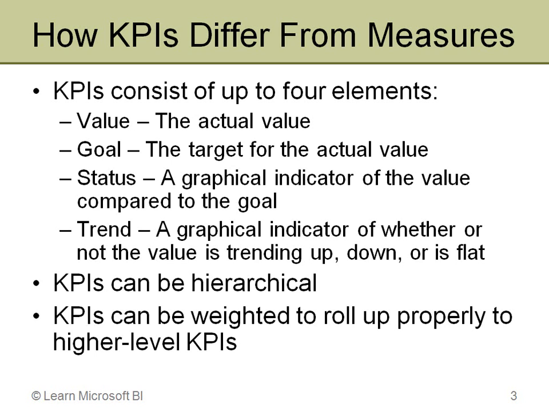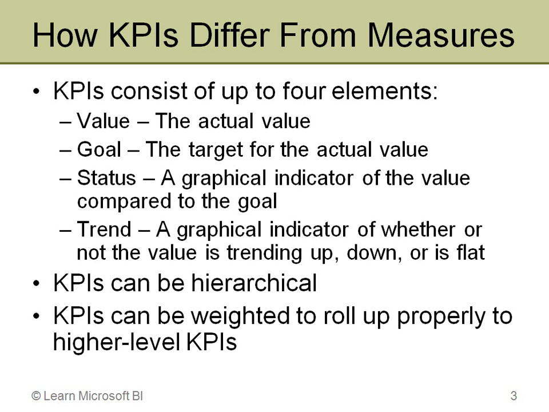This is what the actual value should be. So for example, you have a business and someone says, well, your sales last year were $1 million. Well, is that good or bad? It depends. If your goal was to have $500,000 in sales and you hit $1 million, then that's great. But if your goal was to hit 10 million and you only hit 1 million, that's probably not so good.